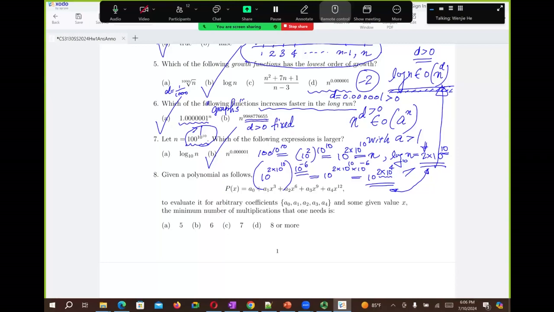Comparing with the log function value, the difference is huge. From this concrete example, you can get a stronger sense in understanding. All right, so that's number 7.